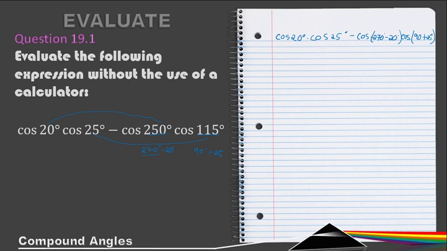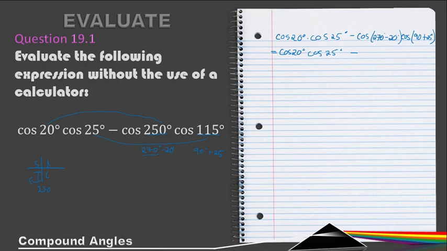Alright, so now I'm going to apply the reduction formula to those two. So here we still have cos 20 degrees, cos 25 degrees minus, and then if we apply the reduction formula for 270 minus 20, 270 is over here, and minus goes to tan's quadrant.